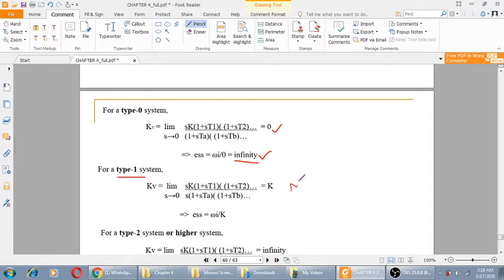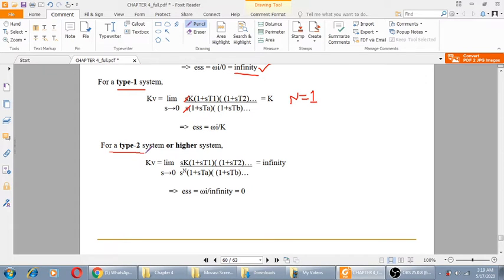In this case you need to know that the power n equals 1, because it's a type 1 system. So this s and that s cancel, and if we replace the value of s in all the other positions, only the K will remain. So e_ss will be omega_i divided by K.